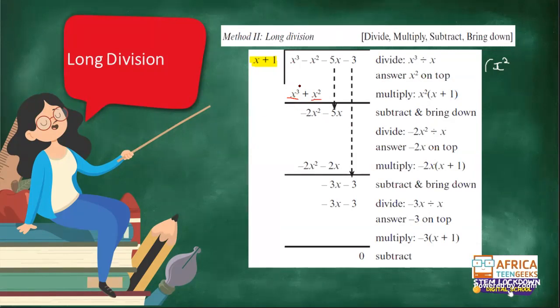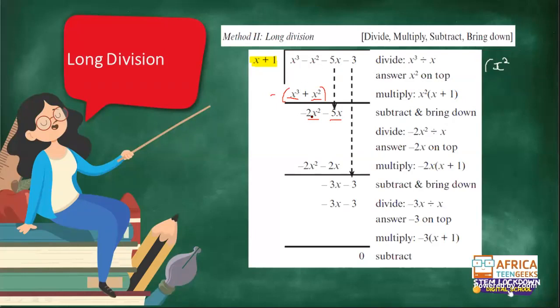Okay, then you minus. Remember, I put a negative the other day. So x cubed minus x cubed is 0. Minus x squared minus x squared is 2x squared. And then you pull down the 5.